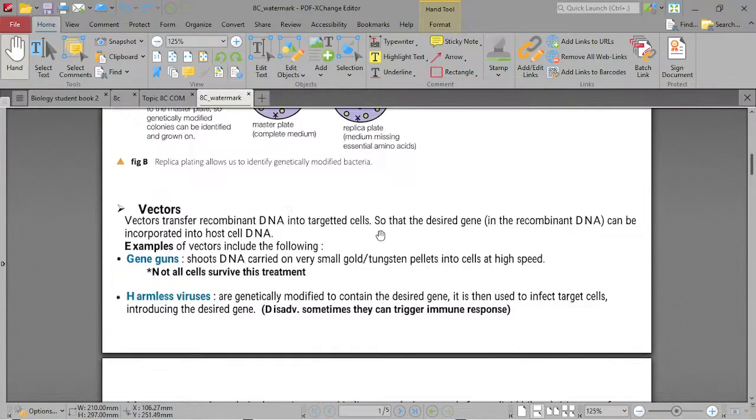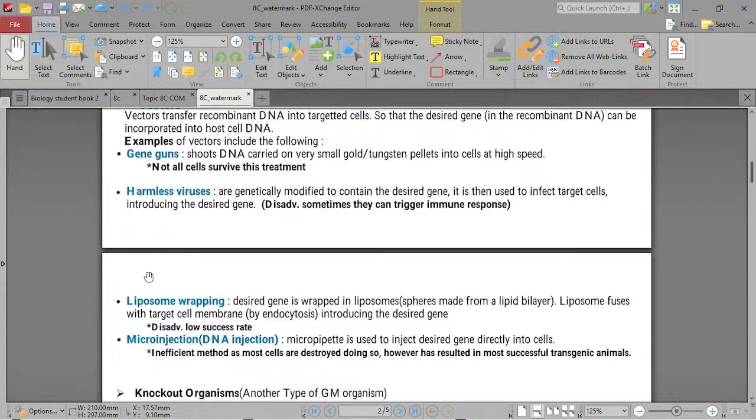And so then we put in, using DNA ligase, the desired gene into the plasmid. And then when we have that recombinant DNA, we're going to incorporate that into the host cell DNA by using gene guns, harmless viruses, liposome wrapping, and microinjections.